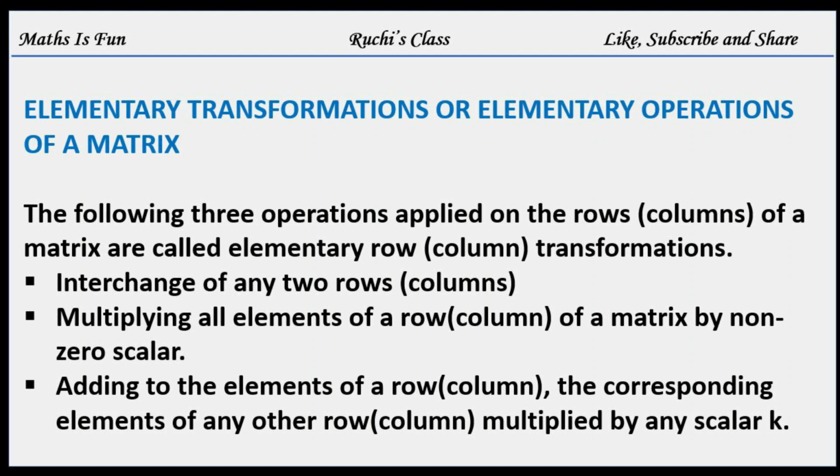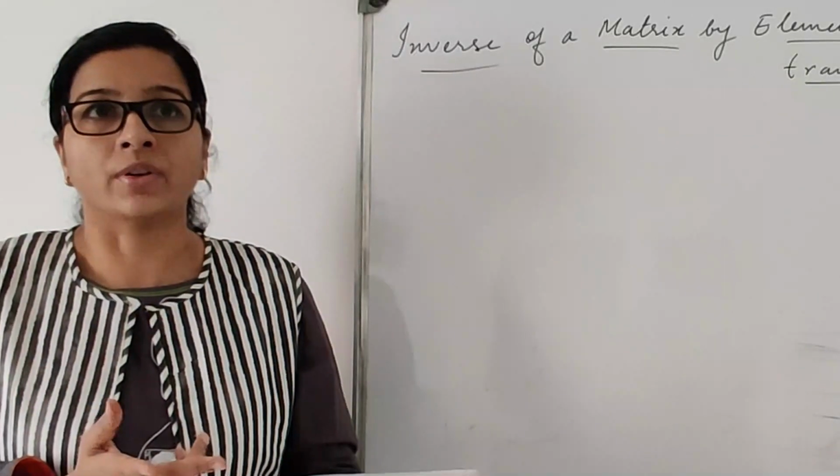First is interchange of any 2 rows. Second is multiplying all the elements of a row or column of a matrix by a non-zero scalar. And third is adding to the elements of a row or column the corresponding elements of any other row or column multiplied by a scalar. That is also an elementary transformation, right?